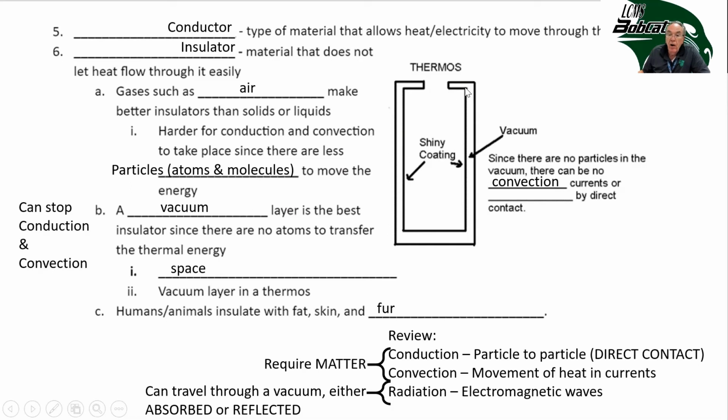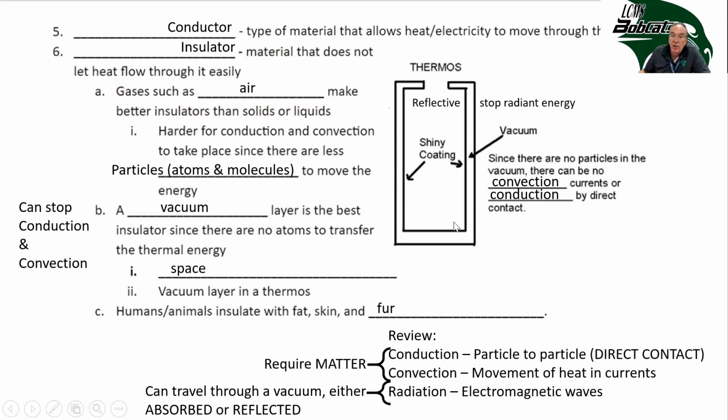Since there are no particles in this vacuum space, it stops convection currents. It also stops conduction because there are no particles to move the energy by direct contact. That leaves radiation. The energy can radiate out because radiant heat can transfer through a vacuum.